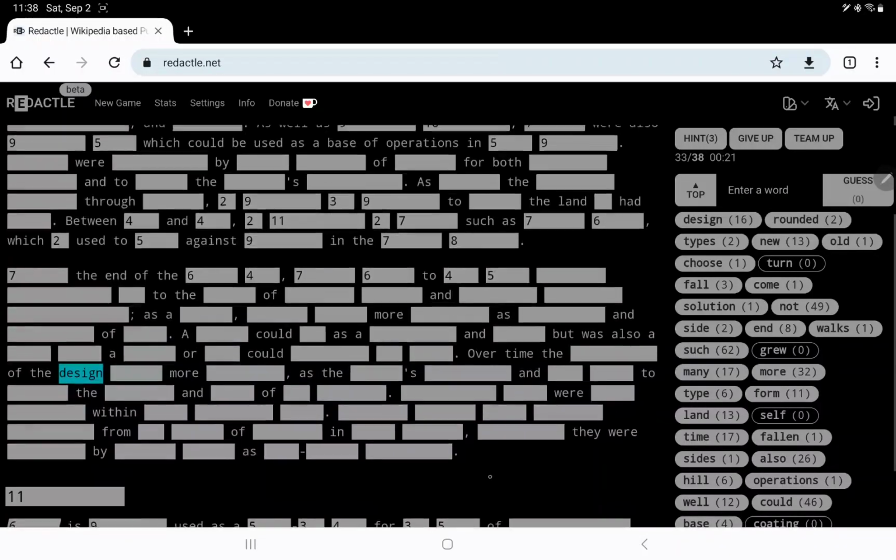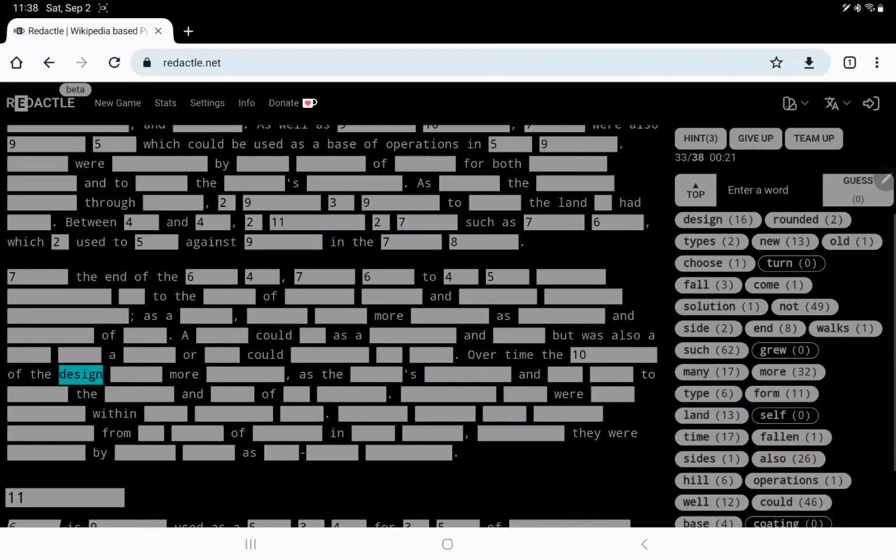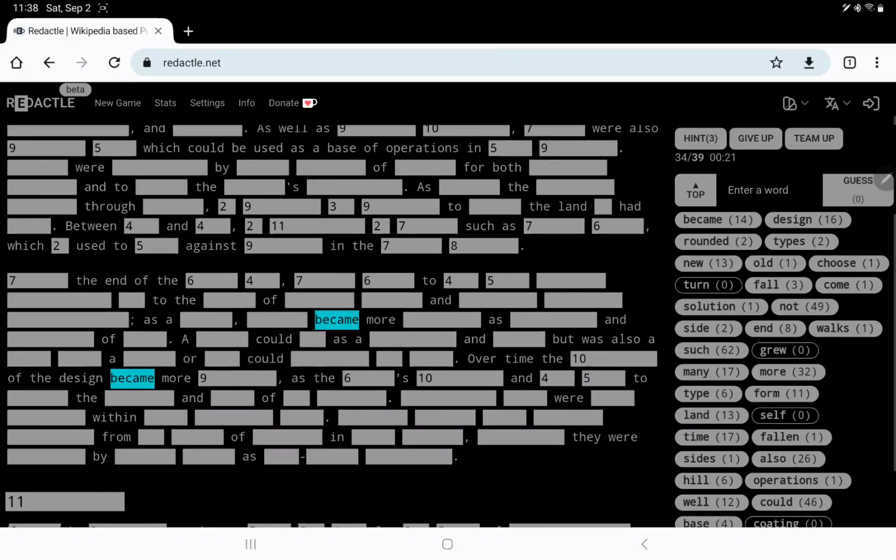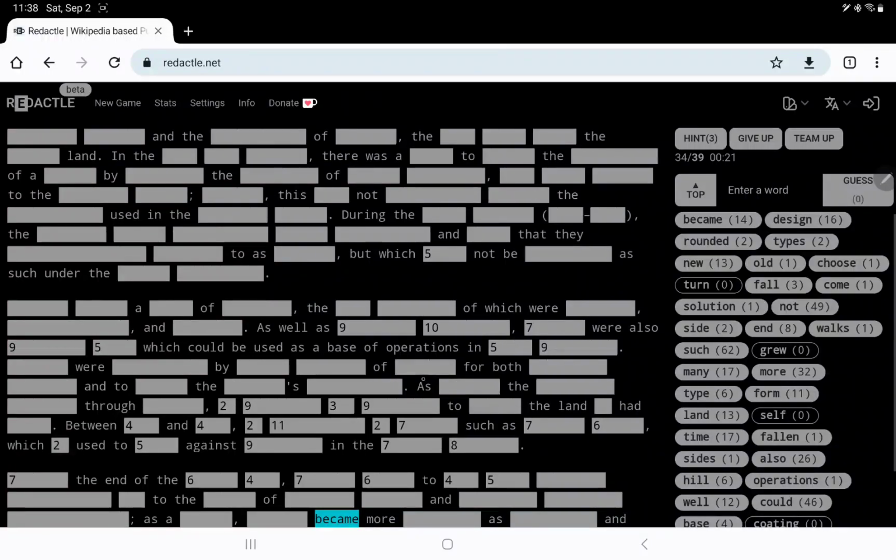16 designs. Over time, the something of the design, something more became more something as a base of operations.